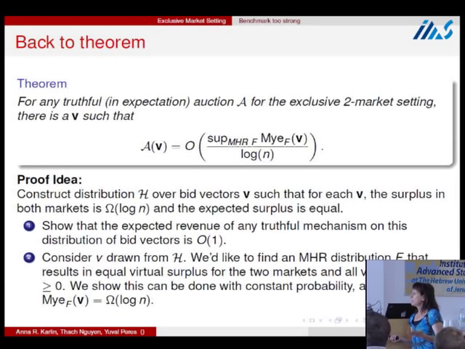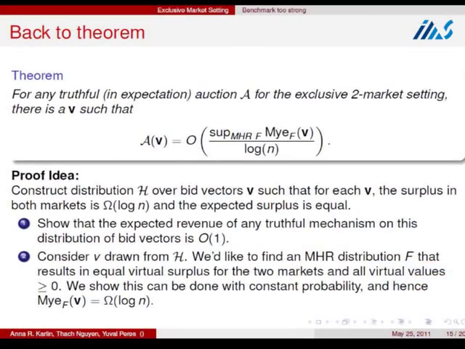But then we can actually show that for any bid vector in the support of these distributions, we can find some MHR distribution such that the virtual values, these shifted values in the two markets, become equal. And therefore, each agent actually pays full surplus. And you can do this in such a way that for each vector in the distribution, you get to choose the prior distribution.